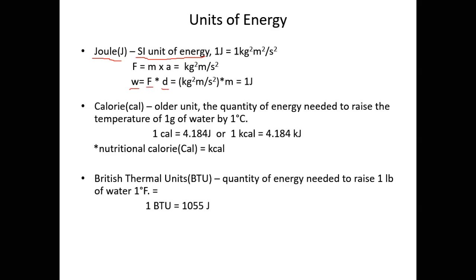If we're calculating work in joules, work is force times distance, and force is mass times acceleration. And there's a typo in this. There shouldn't be a kilogram squared in this. It should only be kilogram, because you can't square mass.